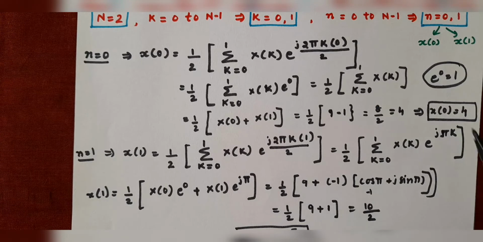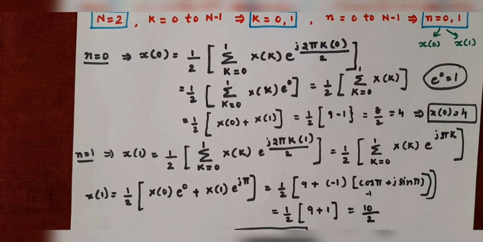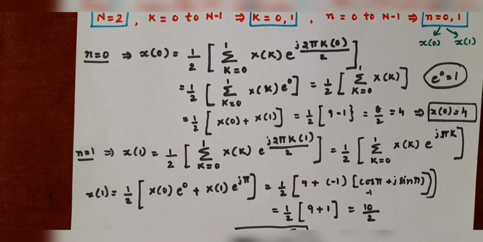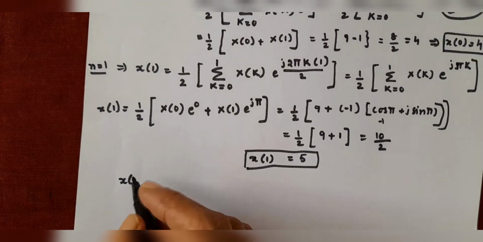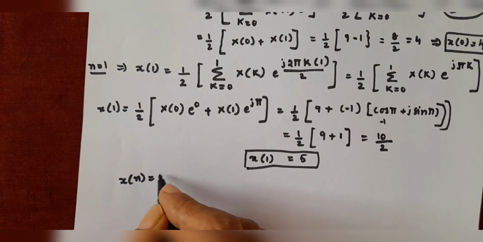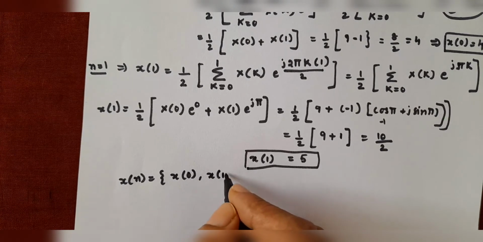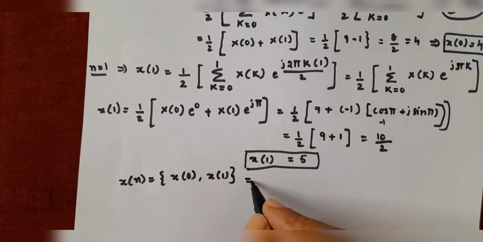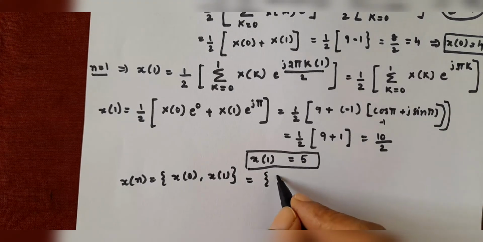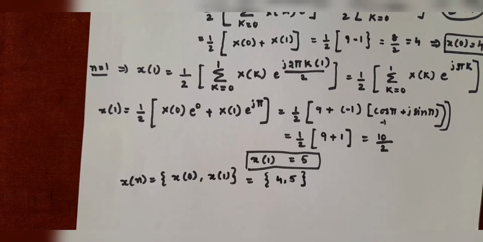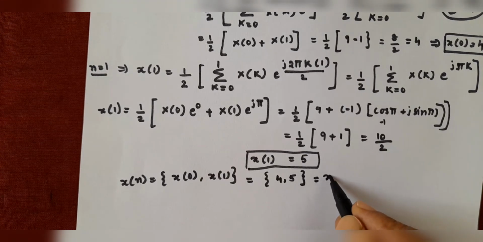So, we got x of 0 as 4 and x of 1 as 5. Now, we can write what is x of n. X of 0 comma x of 1, how much is it? 4 comma 5. And this is x of n.